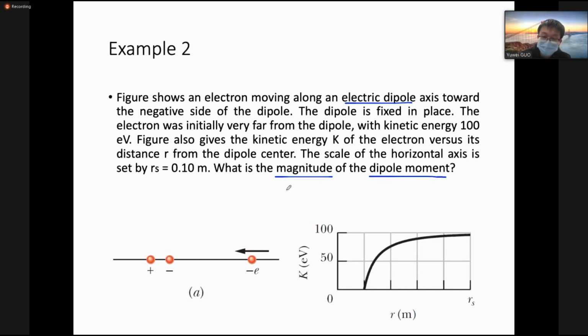Well, for this question, the dipole moment is equal to the charge times the distance of the dipole. So you need to know this concept.